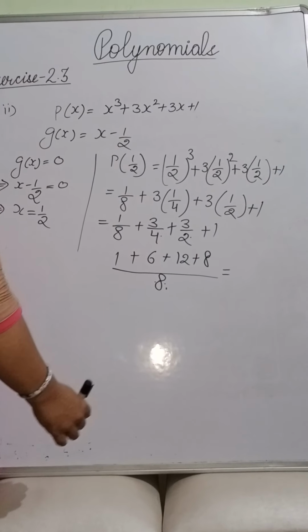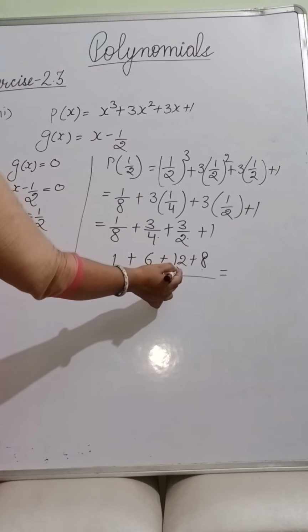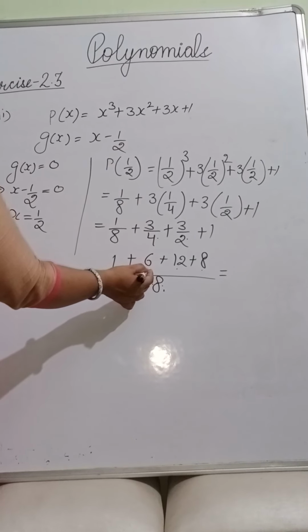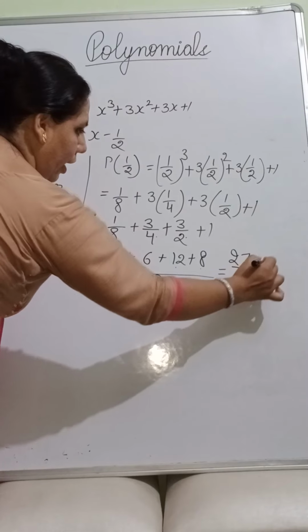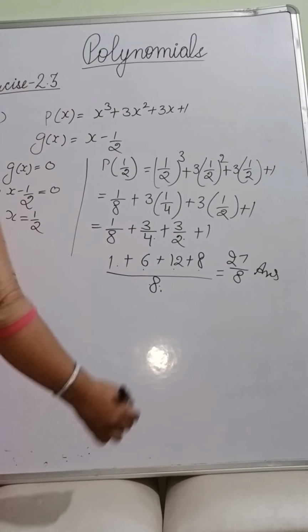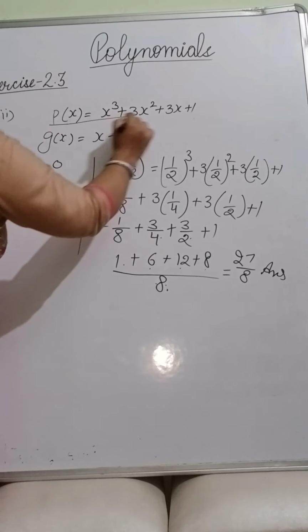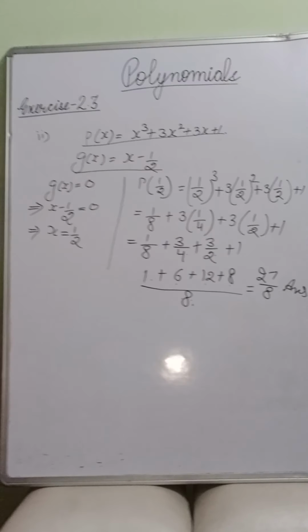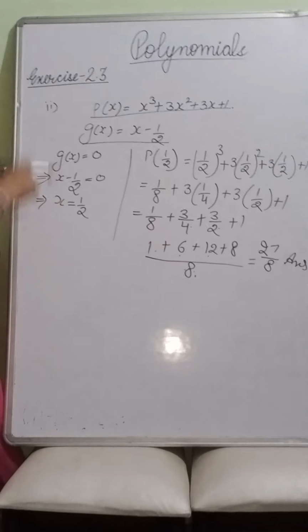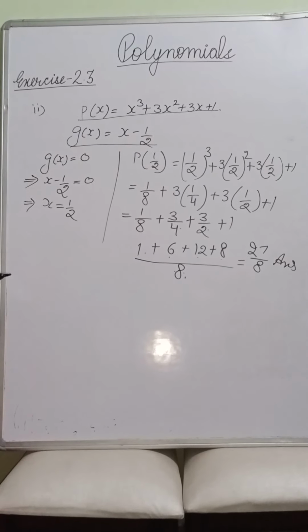Add all these terms. 8 plus 12, 20, 20 plus 6, 26, and then 1, 27 by 8. So this will be the remainder by dividing this polynomial with this another polynomial. Have you got it, students? You can take the screenshot of this one.